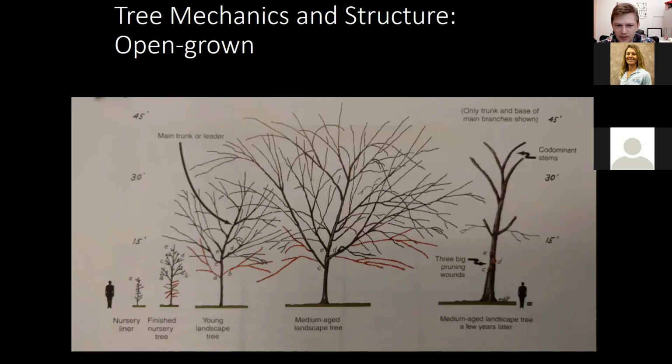Instead of putting their weight on the one main stem, they'll distribute it over multiple stems that are actually competing for light with that central leader we were talking about. It's a negative consequence of growing in an environment that isn't all that natural for a lot of trees.